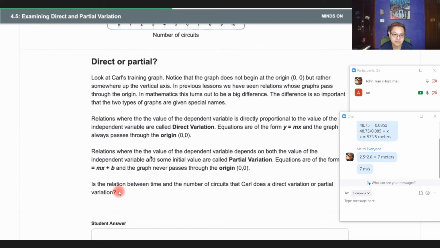Relations where the value of the dependent variable depends on both the value of the independent variable and some initial value are called partial variation. Equations are of the form y equal mx plus b.